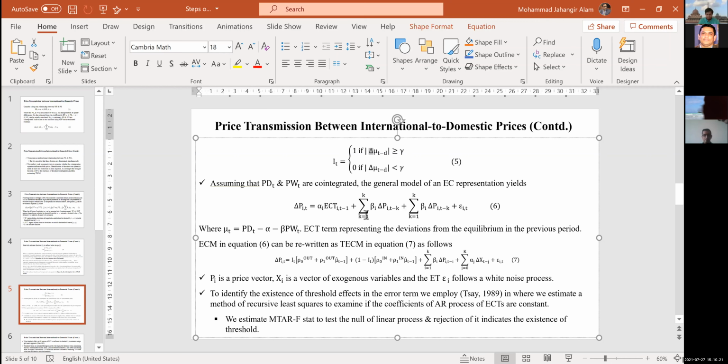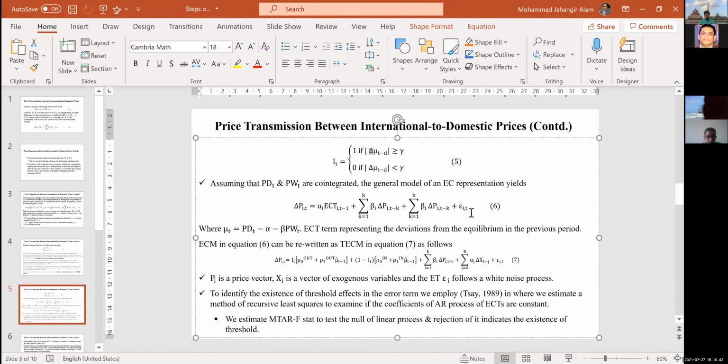So this is the error correction model. You see the lag of this variable, the lag of the other variable, that's the world price, and this is the error correction term. That actually comes from mu, from my first equation. So you see that's mu. This is the error correction term representing the deviation from the equilibrium in the previous period.